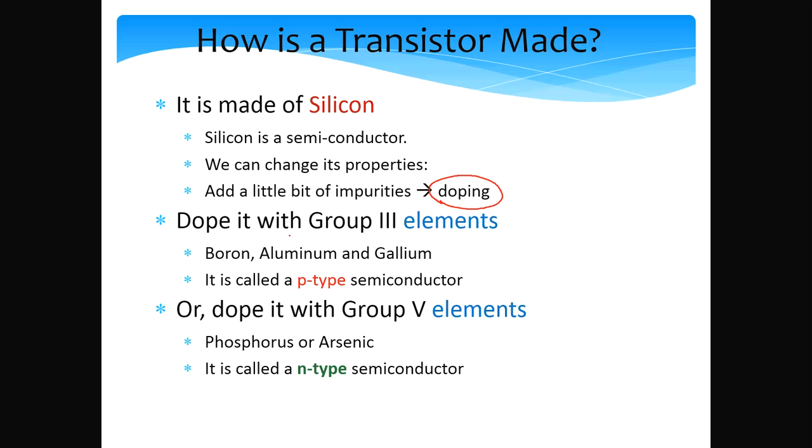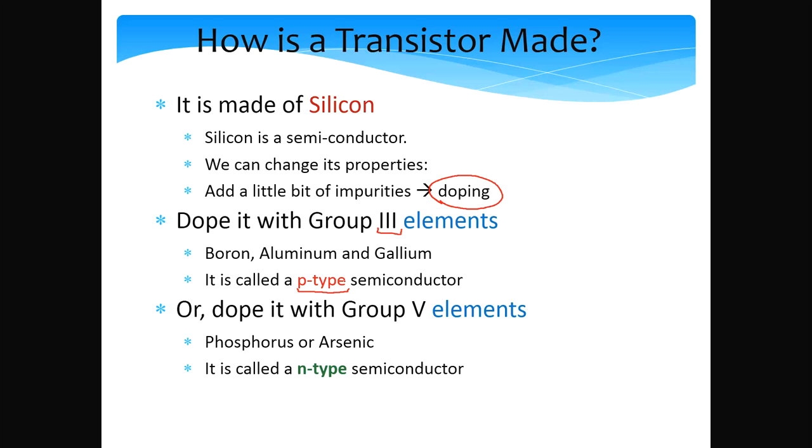For example, if we dope it with group 3 elements of the periodic table, such as boron, aluminum or gallium, it will become a p-type semiconductor, p for positive. In this case, the conductivity of the semiconductor will actually increase. We'll discuss how, but the basic idea is that if we dope silicon with a group 3 element, its conductivity will increase, and there are ways to control that.